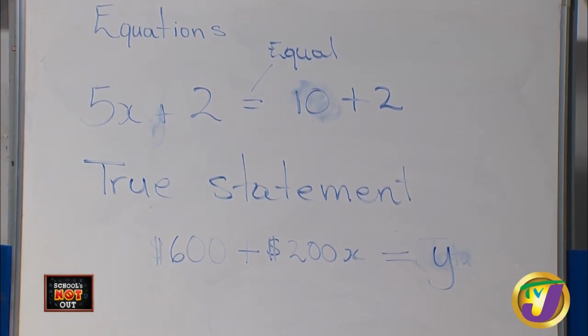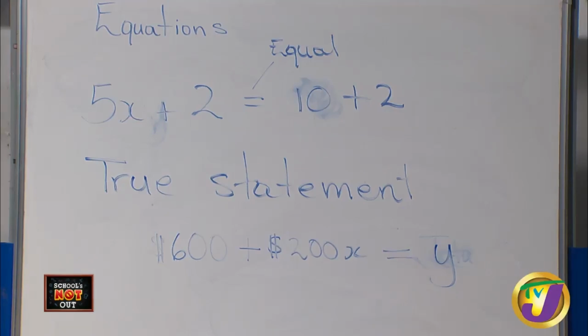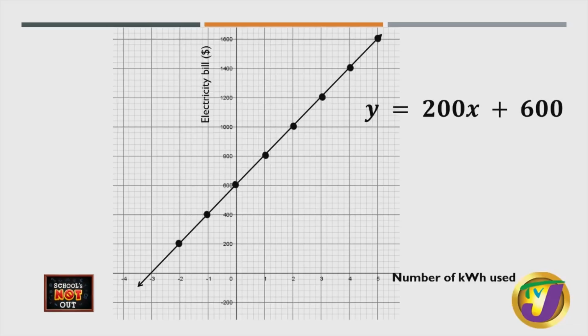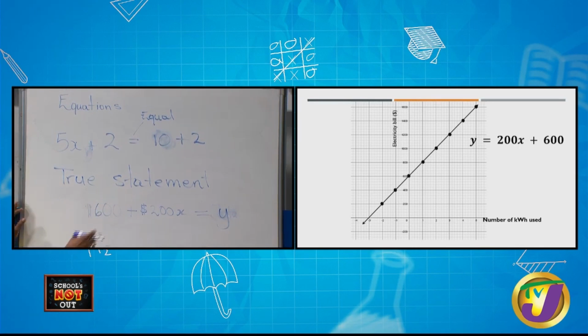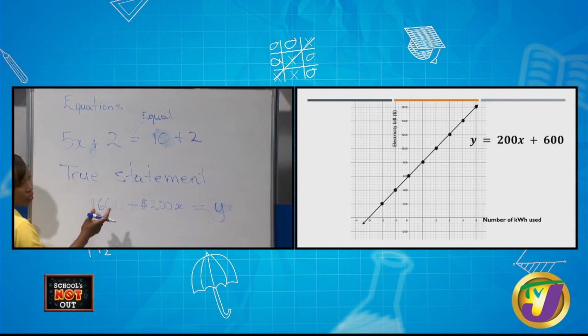Sounds to me like we have answered all the questions. I hope that our students have done the same. So the equation for this line, guys, is Y equals 200x plus 600. This is interesting stuff. You see, I have 600 plus 200x equal Y. Does it mean the same thing? So I can rewrite this.